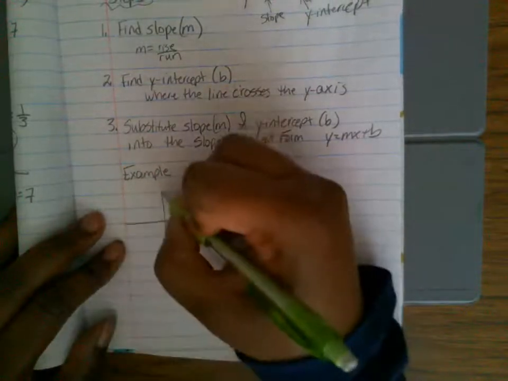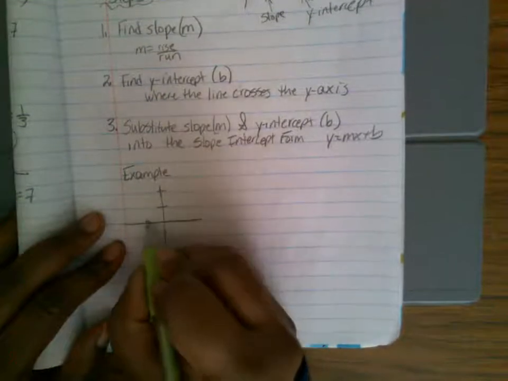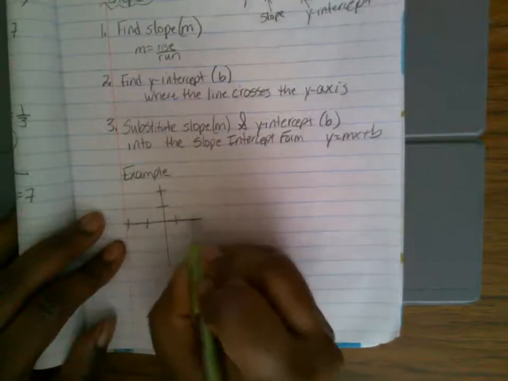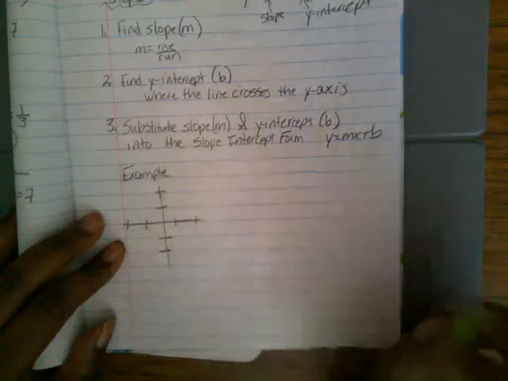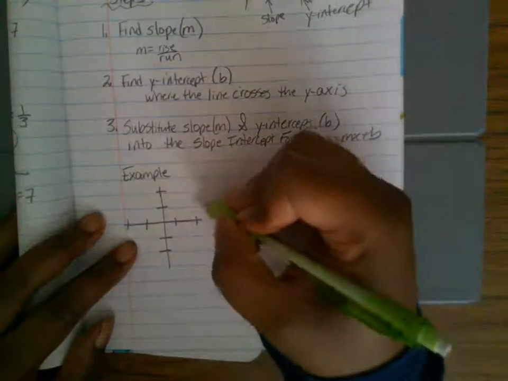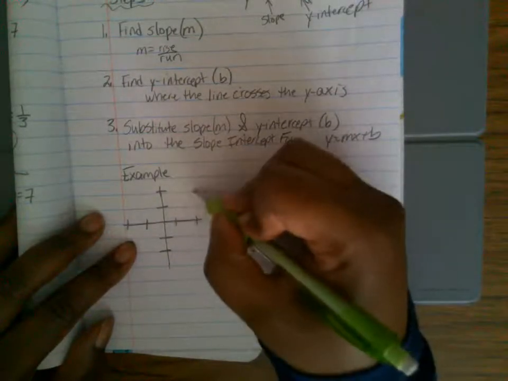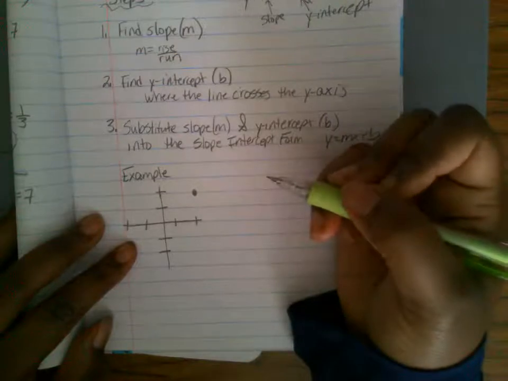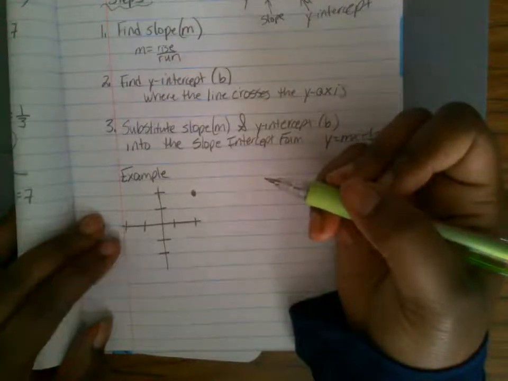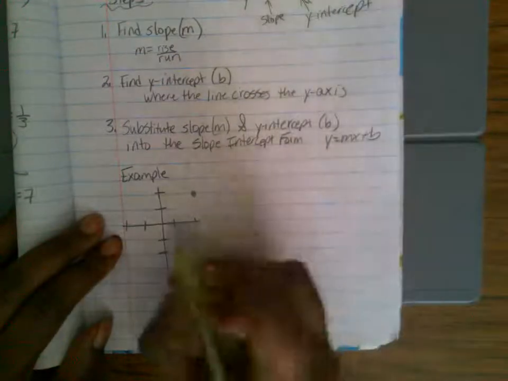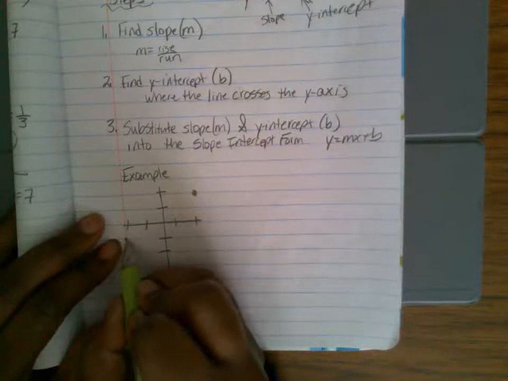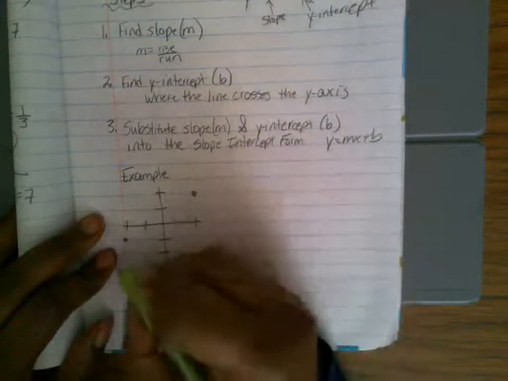You have a line. I'm going to put a point here at 2, 2, and then another point at negative 2 and negative 1. Okay? Negative 2 and negative 1.